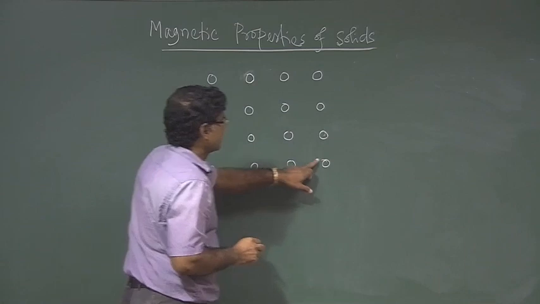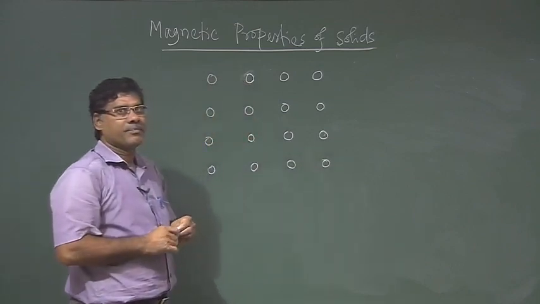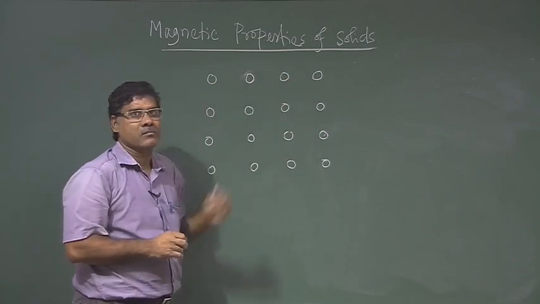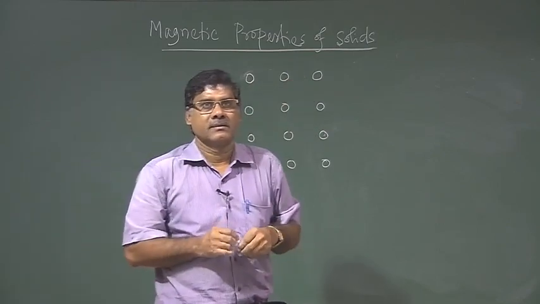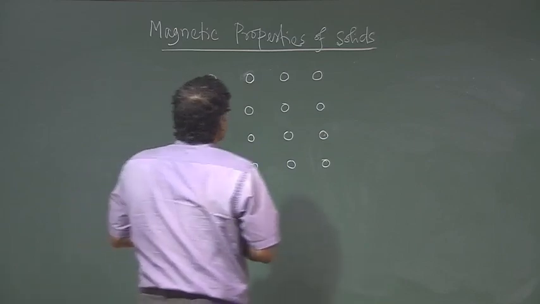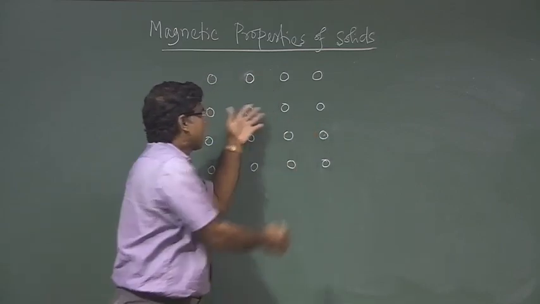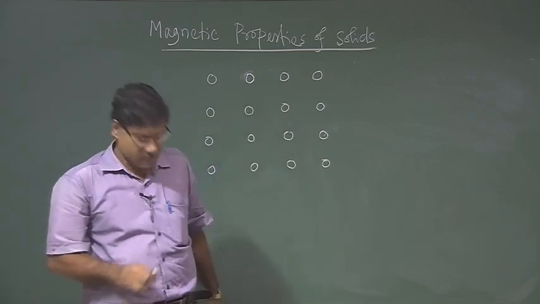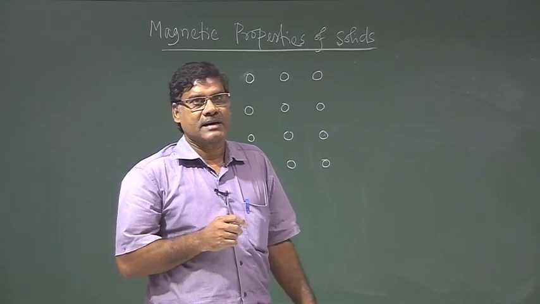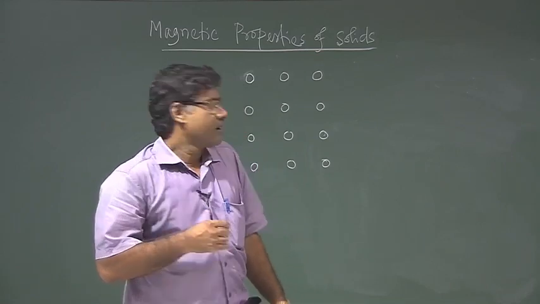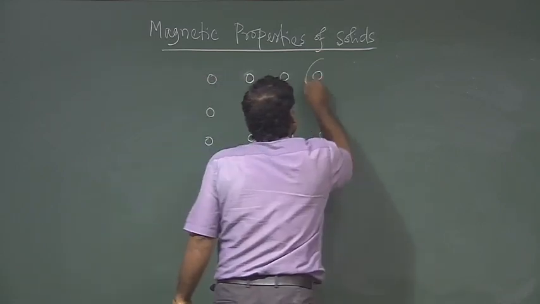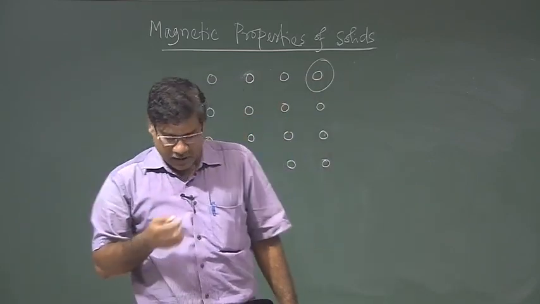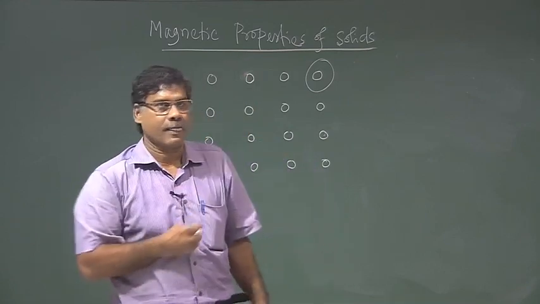Say these are the atoms arranged in the material. If I apply a magnetic field, this atom responds to the magnetic field. How does it respond? Let us take just one atom and see how the permanent dipole moment comes in this material.